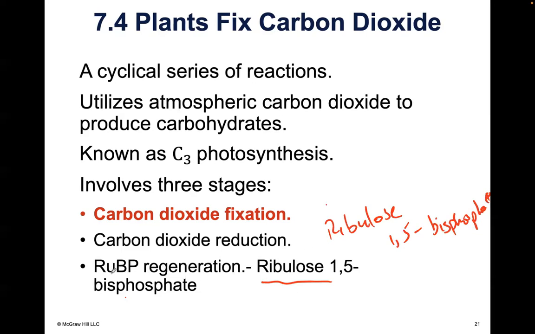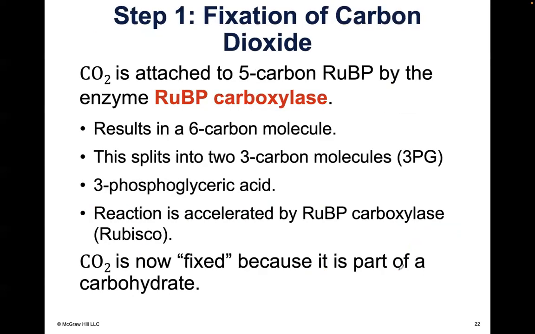The RU stands for ribulose, the BP is bi, and the phosphate, the P. The 1 and the 5 show you where on the carbon atom the phosphates attach. That's what gives you the 1,5. Hopefully I will find the chemical structure and show it to you.